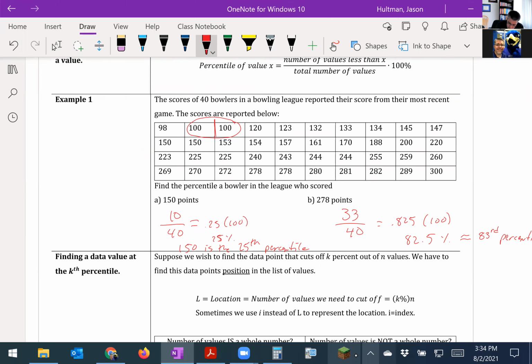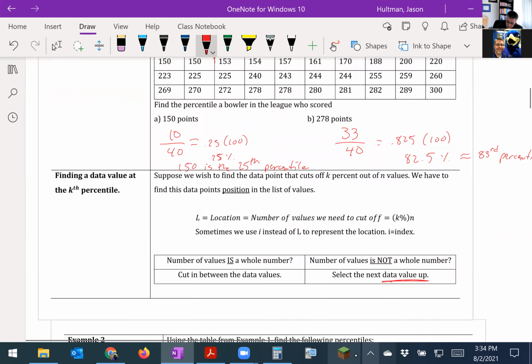There's an even cut right there. And so we would average those values, 100 and 100, and that would be our 5th percentile.